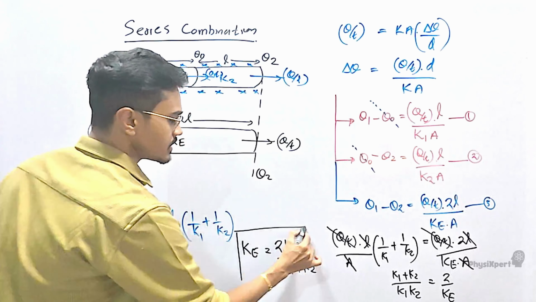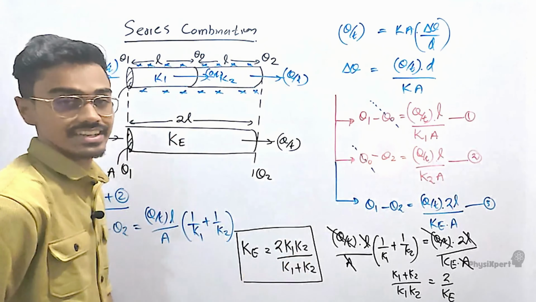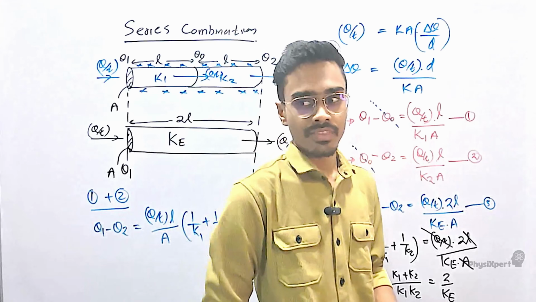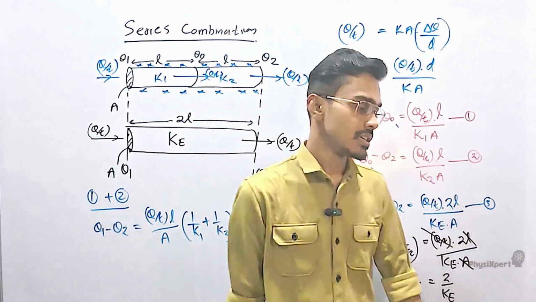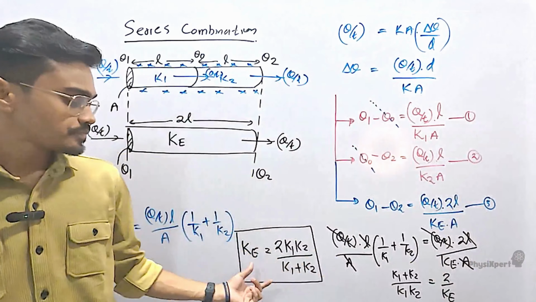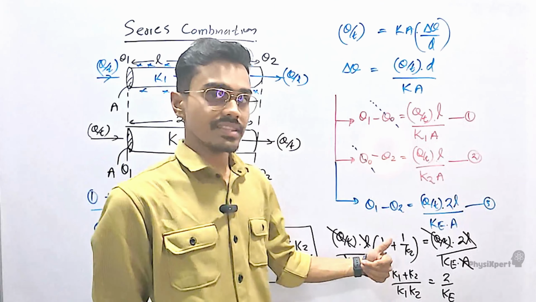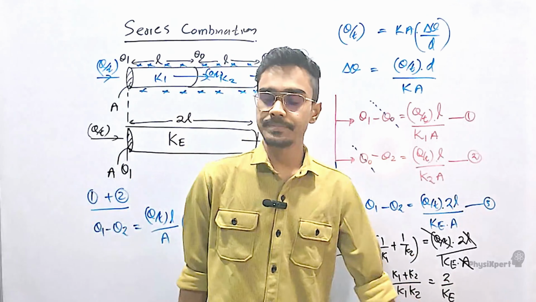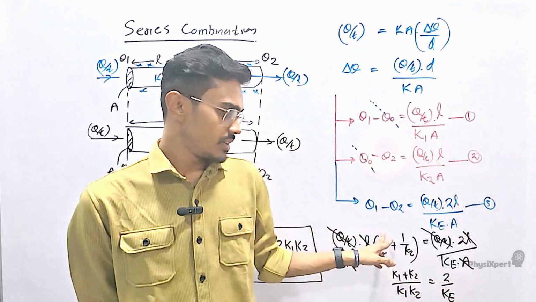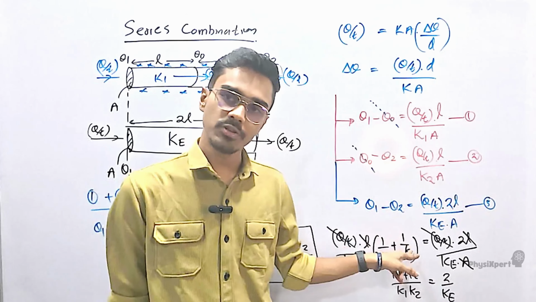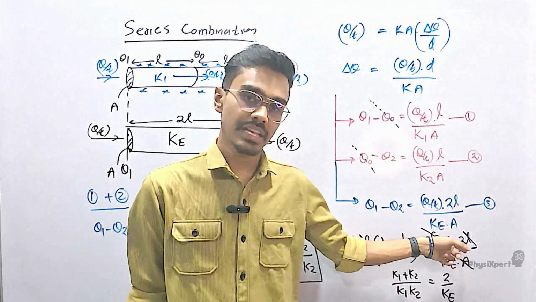This is called the equivalent heat conductivity in series combination. If there are three rods, this equation is going to be different: here it will be 1 over K1 plus 1 over K2 plus 1 over K3, and here 3 comes.